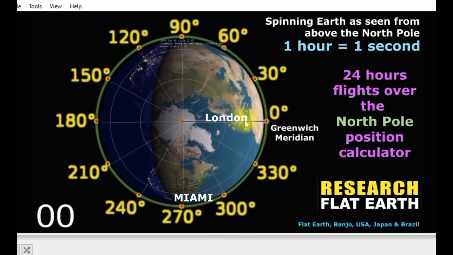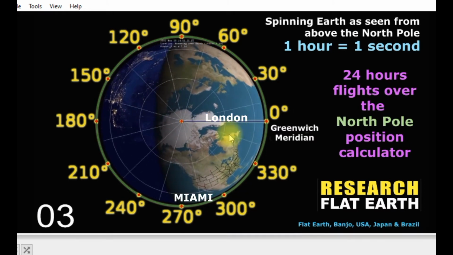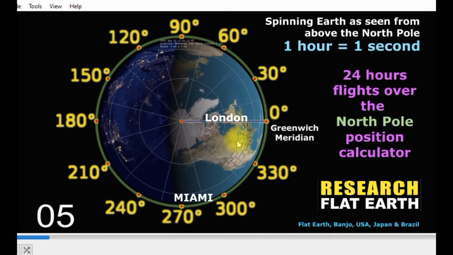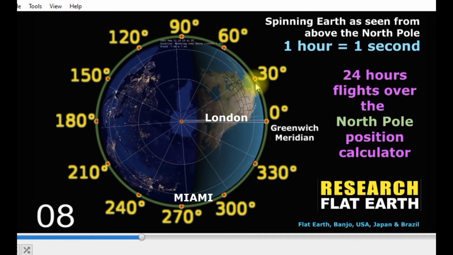You see, remember the plane is taking off from London towards Miami. At the same time, the Earth is rotating from west to east. Okay, so let's go ahead and start the timer. This is the plane coming. Here is Miami.